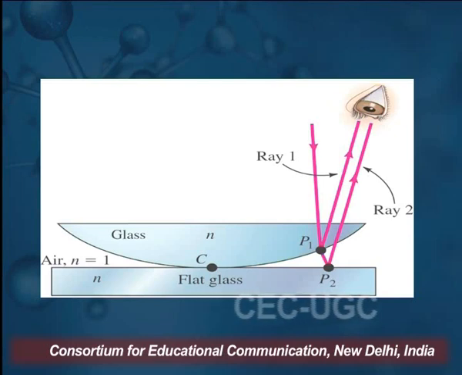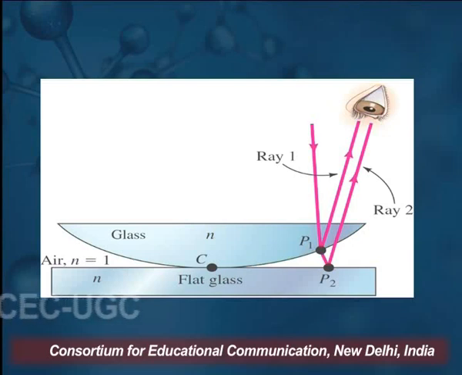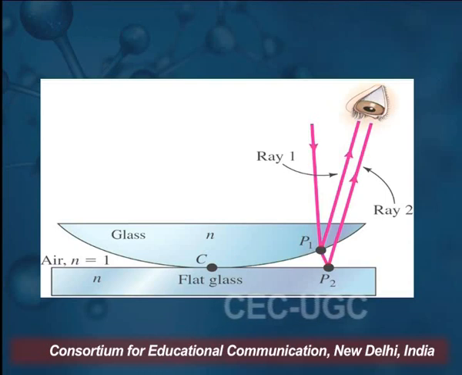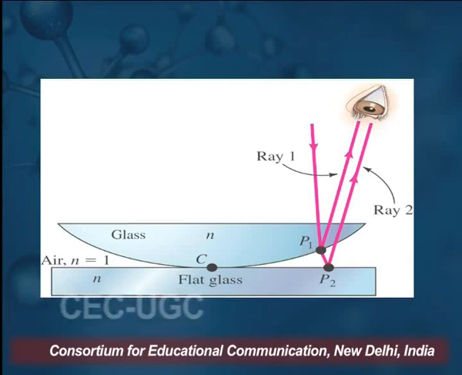Now see, the point C is the center point which is in contact with the flat glass of the plano-convex lens. On the right-hand side you see a ray of light falling upon this arrangement. Then we get two virtual sources: the light is reflected from the lower part of the plano-convex lens towards the eyepiece, and the second part is reflected from the upper part of the glass plate.